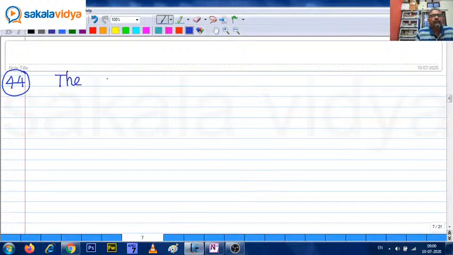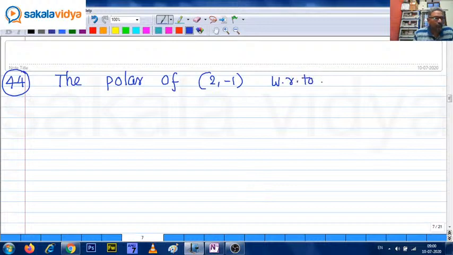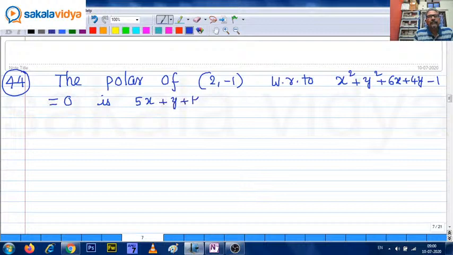The polar of (2, -1) with respect to x² + y² + 6x + 4y - 1 = 0 is 5x + y + k = 0.